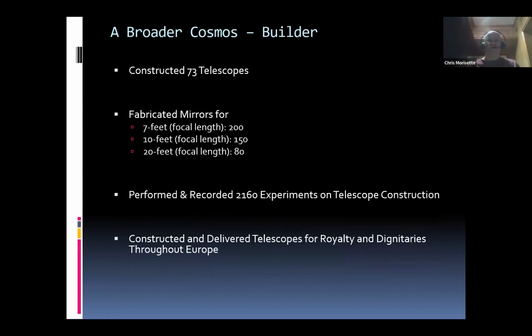So what did he do? Just as a builder, he constructed 73 telescopes in his lifetime. He fabricated over 400 mirrors of various sizes, performed and recorded about 2,200 experiments on telescope construction. And he constructed and delivered telescopes for royalty and dignitaries throughout Europe. I don't know if you remember, you saw on the timeline, the Napoleonic Wars were actually occurring.